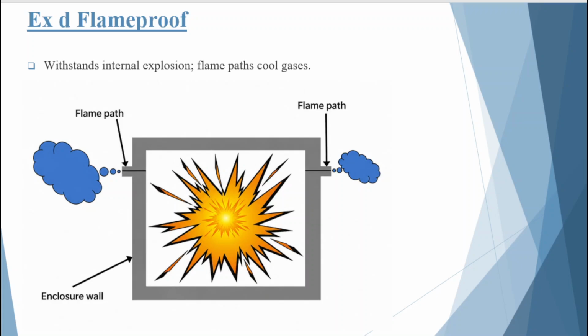Because of its robust construction and high level of protection, Ex d equipment is commonly used for motors, lighting fixtures, junction boxes, control stations, and other electrical equipment installed in Zone 1 and Zone 2 hazardous areas. In the next slide, we'll look at another protection technique called Ex e, increased safety, which prevents ignition by eliminating potential ignition sources instead of containing an explosion.